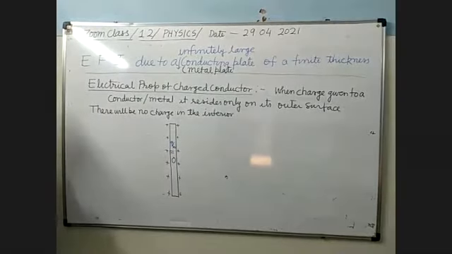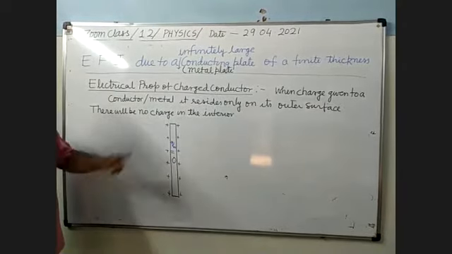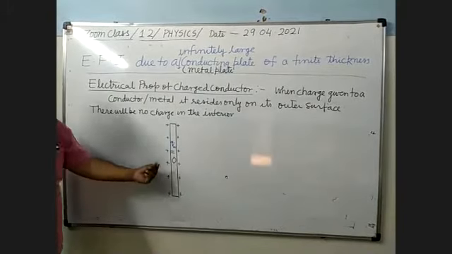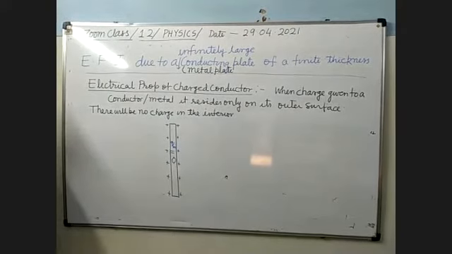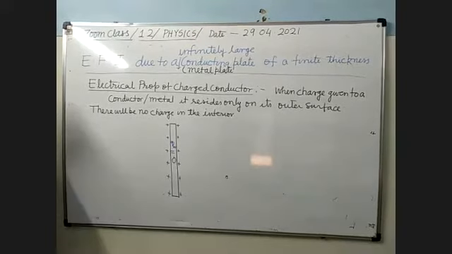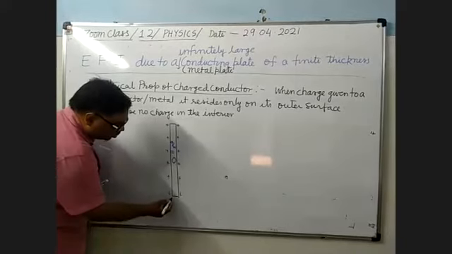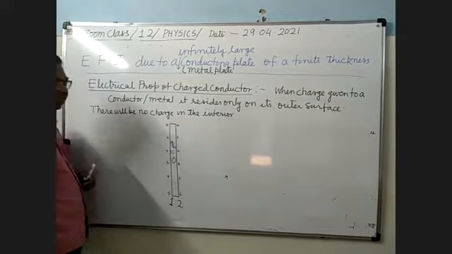Is it clear? So now we can assume that it consists of two plane sheets of charge placed closely to each other, each having the same surface charge density. You can take one plane sheet of charge and then this is the other.